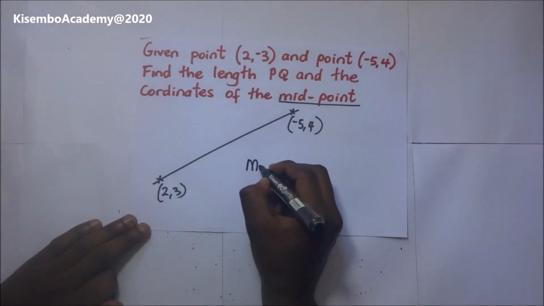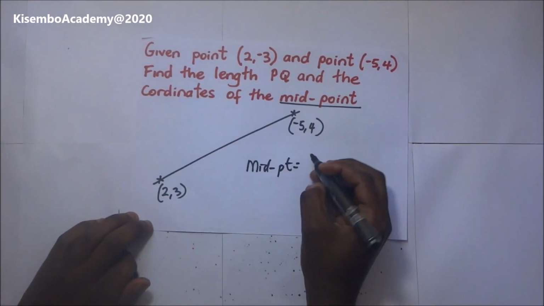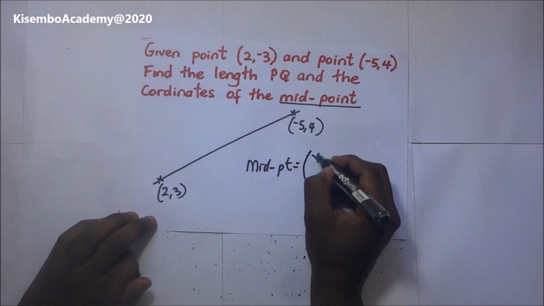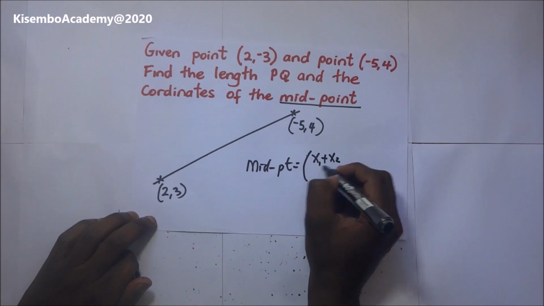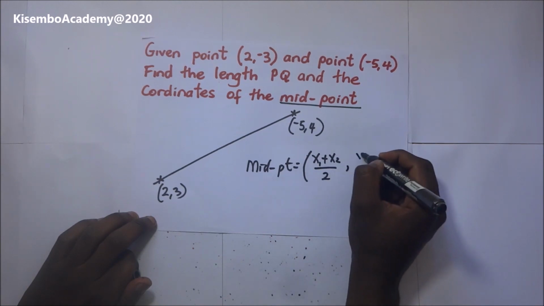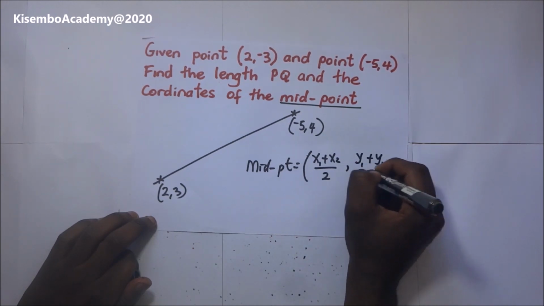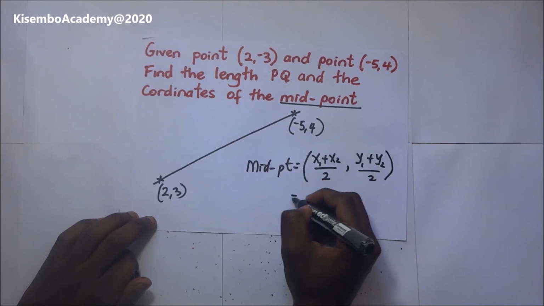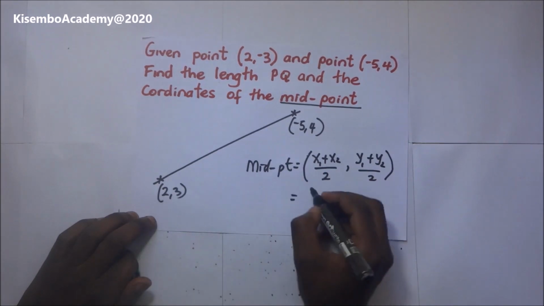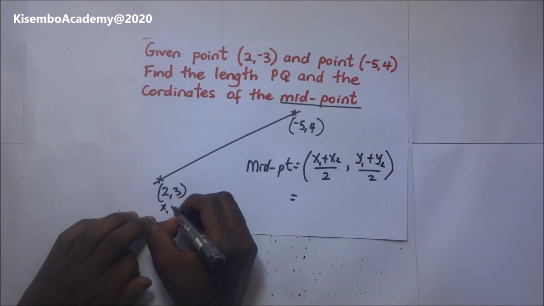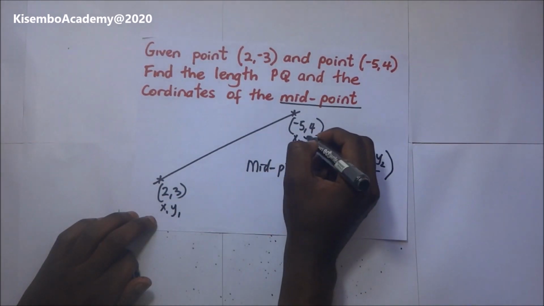The midpoint we shall get from (x1 + x2) divided by 2, (y1 + y2) divided by 2. Let's call this x1, y1, and this x2, y2.